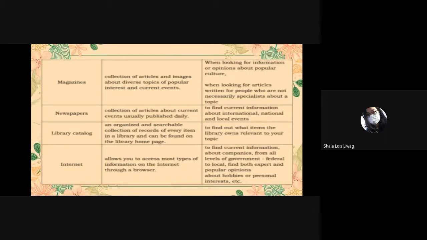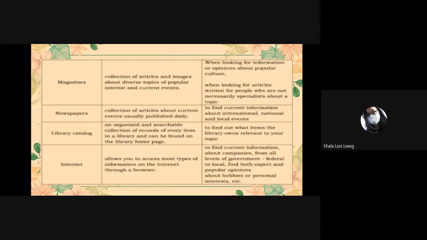So next is library catalog, an organized and searchable collection of records of every item in a library and can be found on the library page. So this is useful to find out what items the library owns relevant to your topic. So it is locating information to obtain the resources. And lastly, the internet, which is very common.